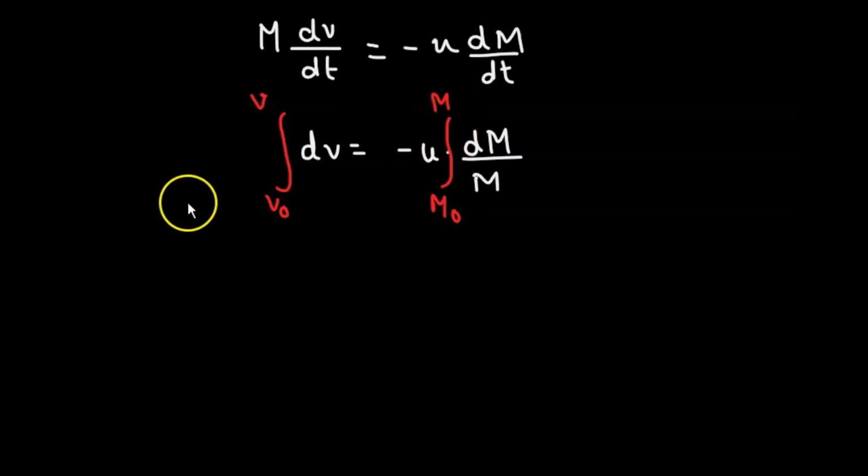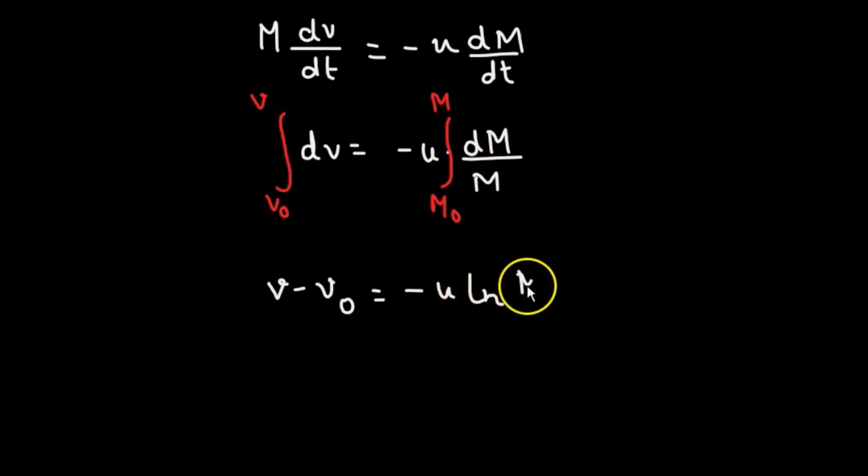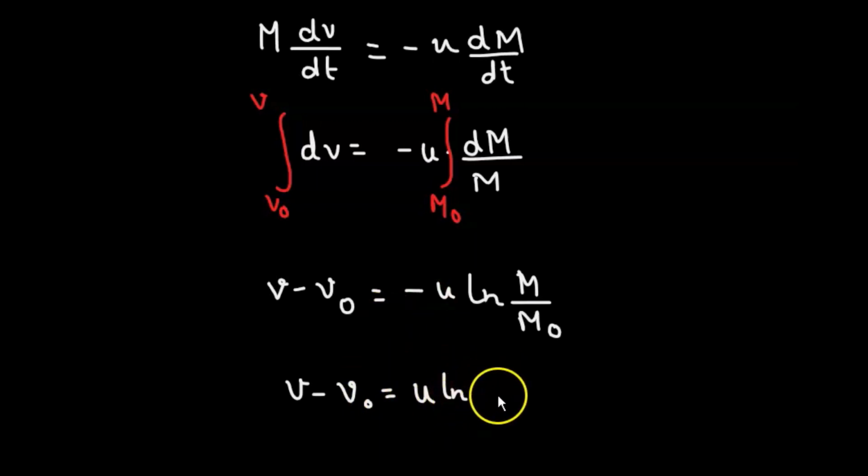So integration of dv will be v, and using the limits we have v minus v naught equals negative u times the integration of dm over m, that's simply natural log of m, and when we substitute the limits we have natural log of m over m naught. Or simply v minus v naught is equal to negative, if we take it inside the logarithm, the ratio will flip, so we have m naught over m.